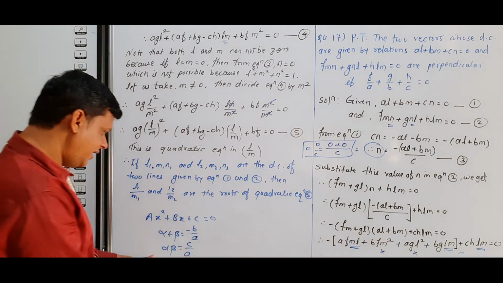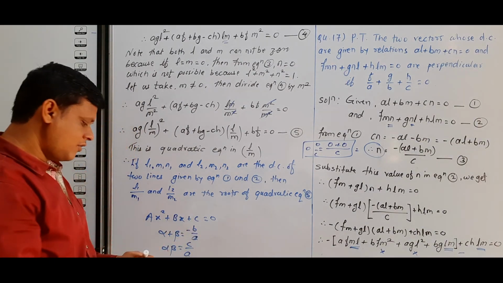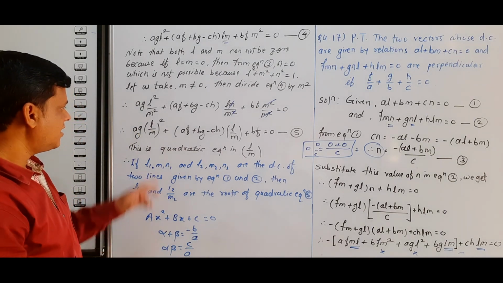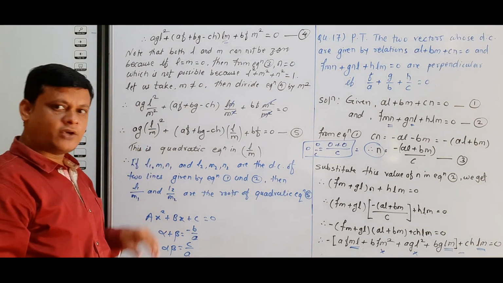So we have to find the values of A, B, C from this quadratic equation 5.